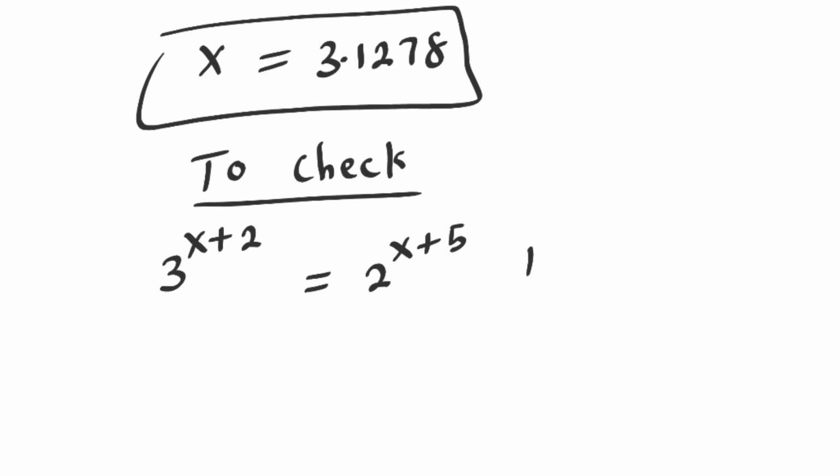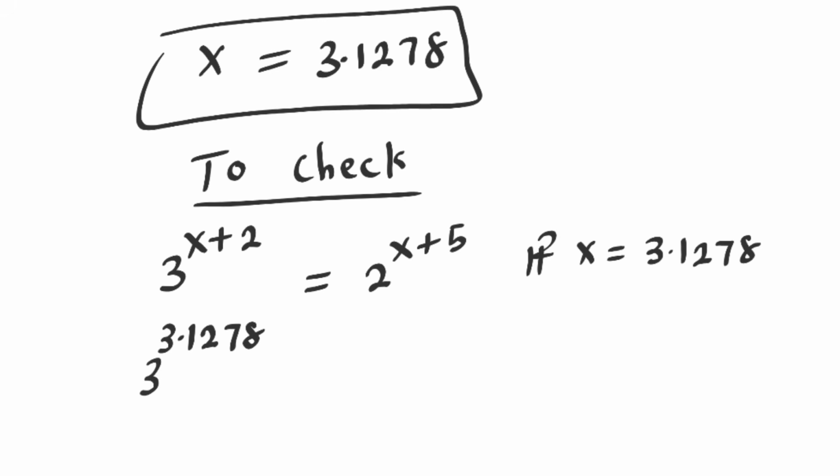Now, if x is equal to 3.1278, then we have 3 raised to power 3.1278 plus 2 is equal to 2 raised to power 3.1278 plus 5.